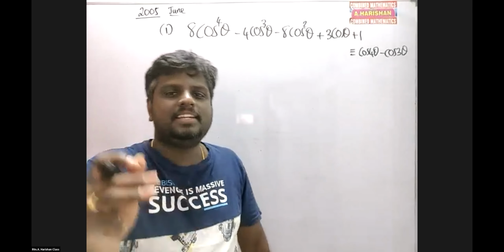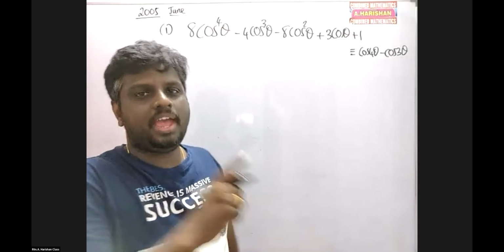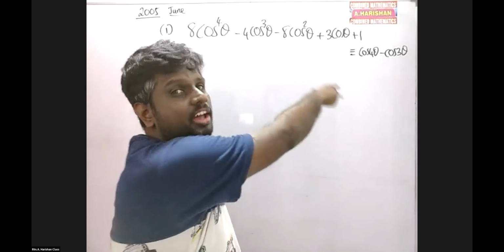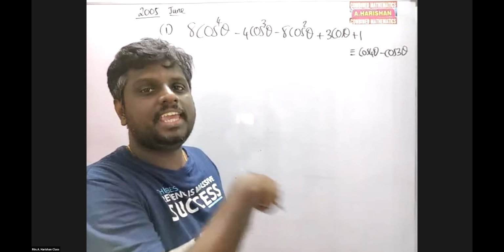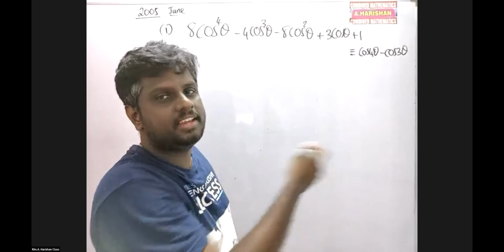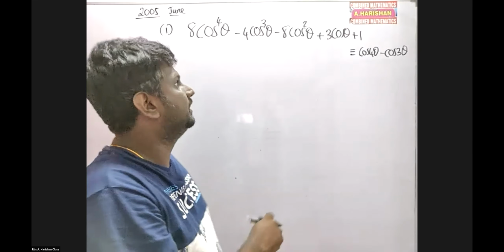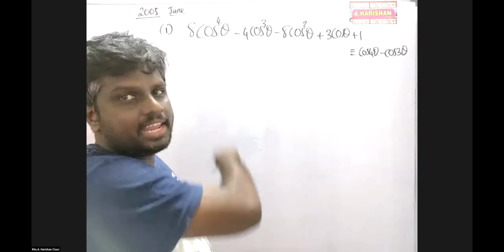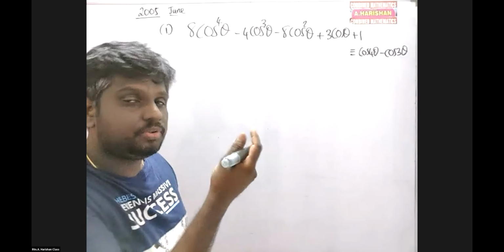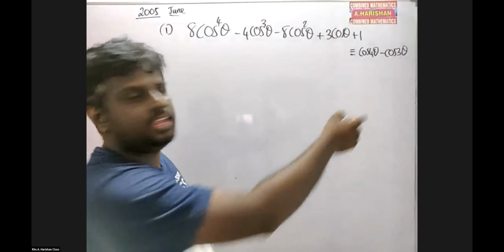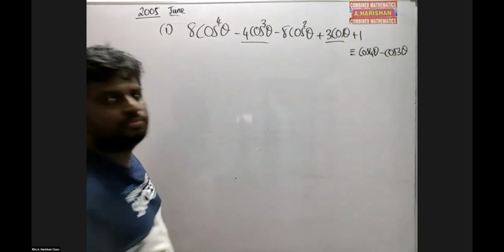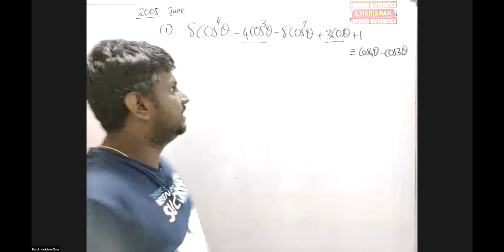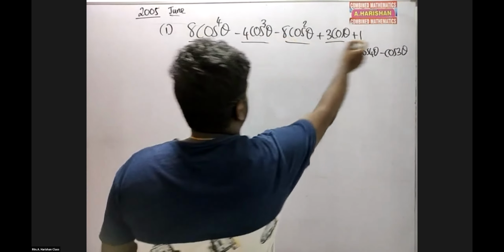I personally advise you to take the RHS, because RHS we can expand in terms of only cos theta. If you want to go from LHS to RHS, then you have to think that 3 theta is there, so you have to take this and this and this.